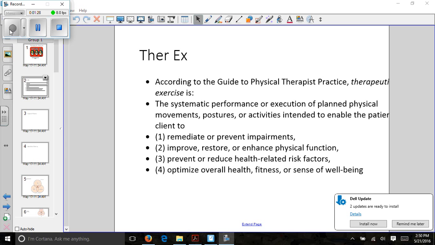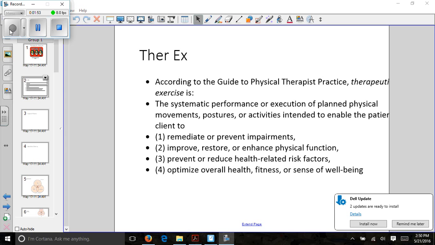So with this lecture, we're just going to talk about a few concepts, and we will bring these up in class on Monday. So just thinking about what actually is therapeutic exercise. Essentially, it doesn't have to be only in an outpatient orthopedic setting. We will have all of our patients exercise in some way, form, or fashion, no matter what setting we are in.